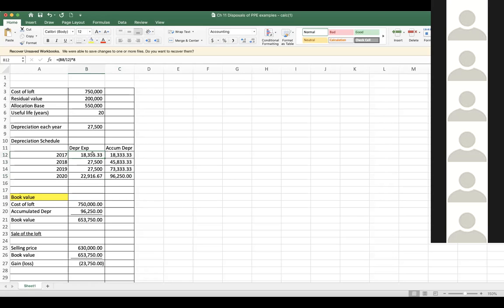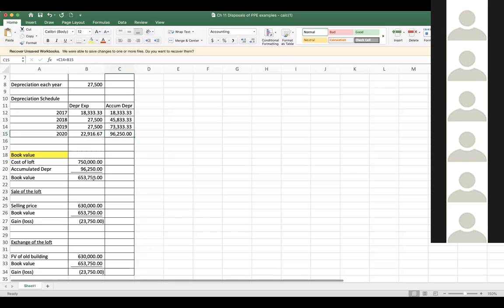The partial year depreciation, the 8 months of depreciation that we had in 2017, the full years in 2018 and 2019, and then the partial year depreciation that we had in the year that we sold it. So my accumulated depreciation has a balance of 96,250. My cost was 750,000. So my book value is 653,750.